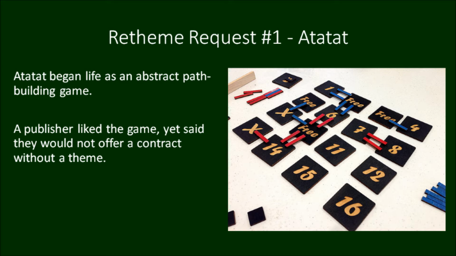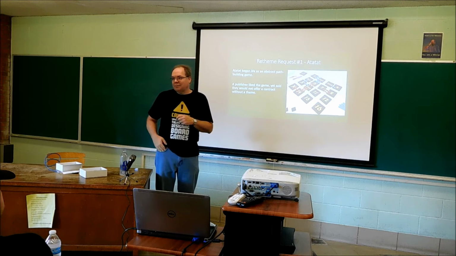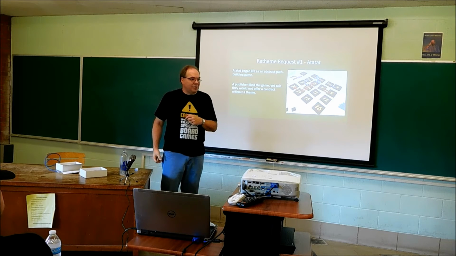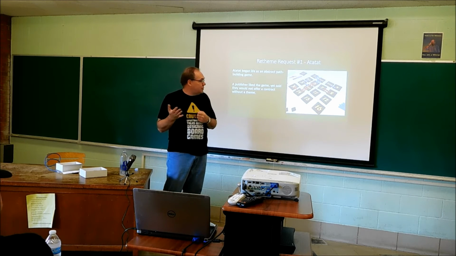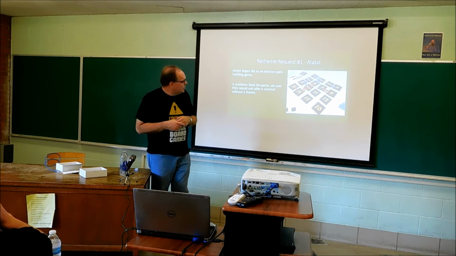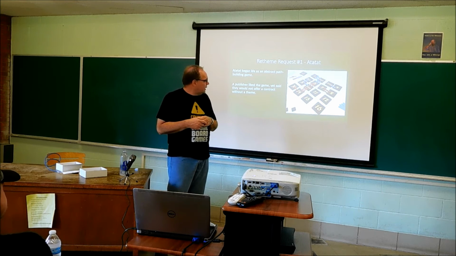My very first attempt, like the second or third game I made, was a game called Attatat. Pure abstract. Basically you had these 25 number tiles, you had some cards for each of those tiles, like maybe in your hand you've got 1 and 6 and 14 and 15.